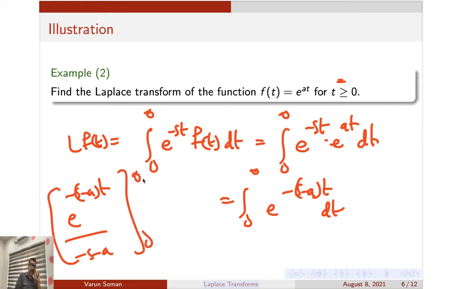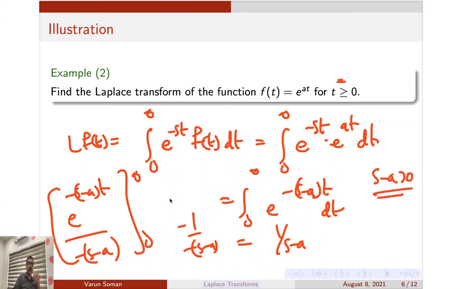When you substitute infinity, you will get 0, minus when you substitute 0, you will get 1. So you will get 1 by minus of minus s minus a, which is simply 1 by s minus a, provided, as earlier, that s minus a is positive.